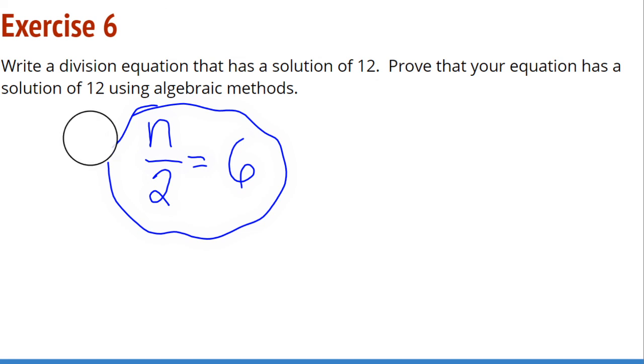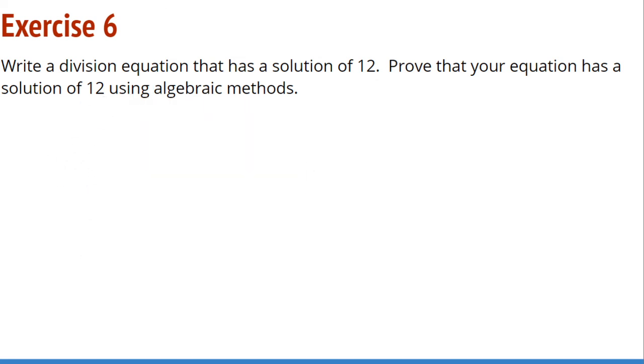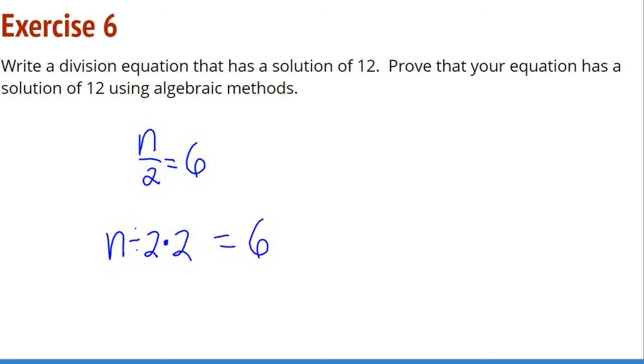So I've got a number divided by 2 is equal to 6. And I am supposed to solve this algebraically. So I've got a number divided by 2, and then I'll multiply by 2 using my identities, is equal to 6 multiplied by 2, as we've proved with the tape diagrams over and over again.